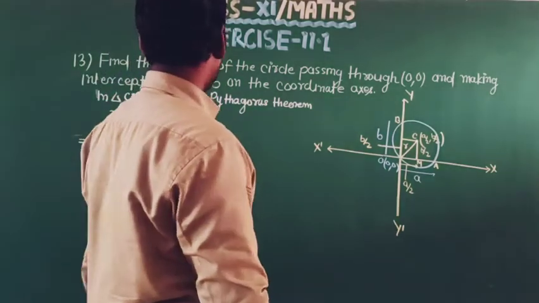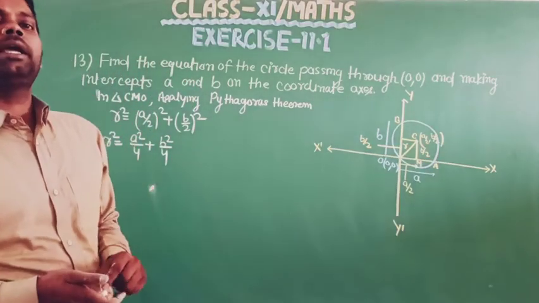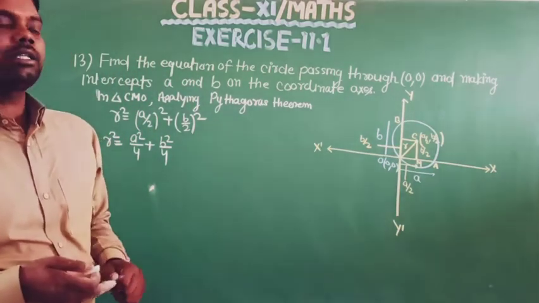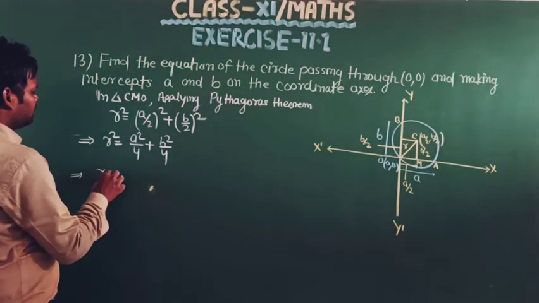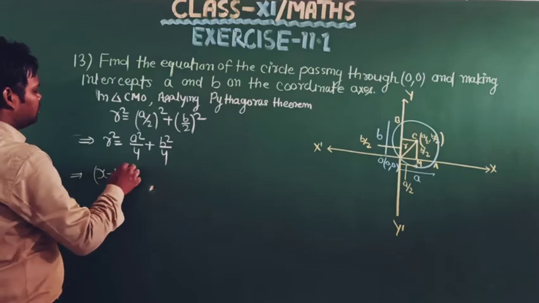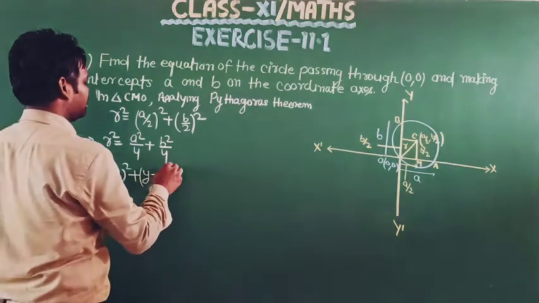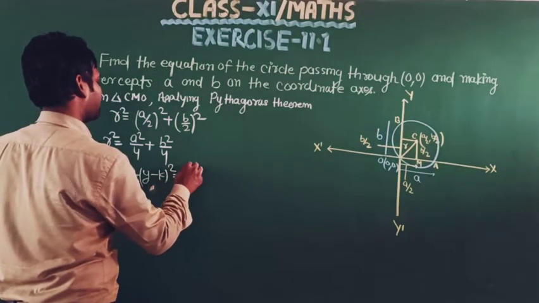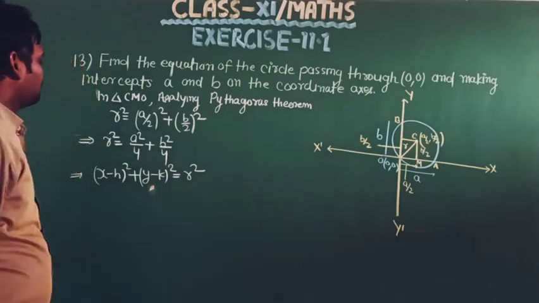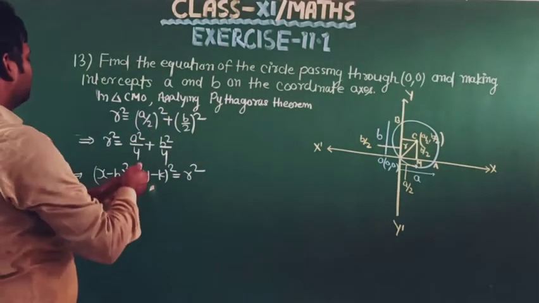Also we know the equation of a circle with center h comma k and radius r is x minus h whole square plus y minus k whole square equal to r square.